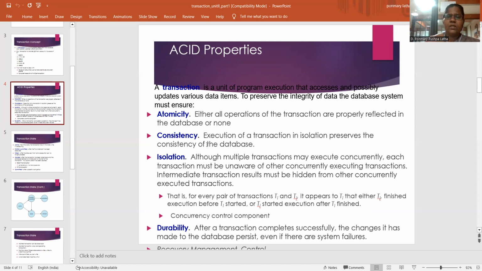Consistency, preserving the consistency of the database. Isolation, which transaction has to go first. Durability, even if a failure occurs, the system should have clear records.